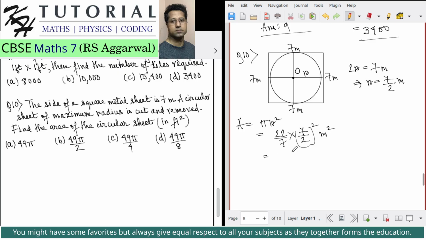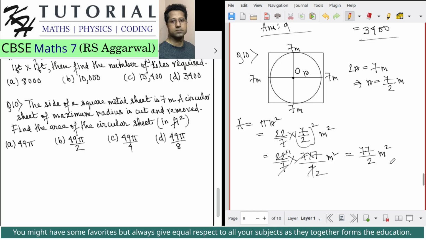So this is equal to 22 by 7 multiplied by 7 into 7 divided by 4, this much meter square, and this is equal to 77 by 2 meter square. Now we have to convert this meter square into feet square.